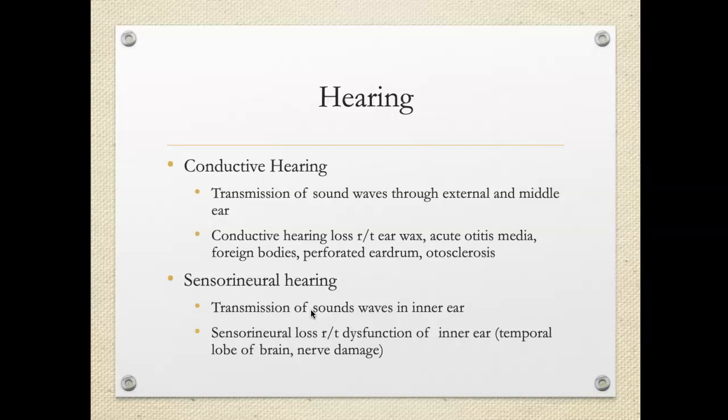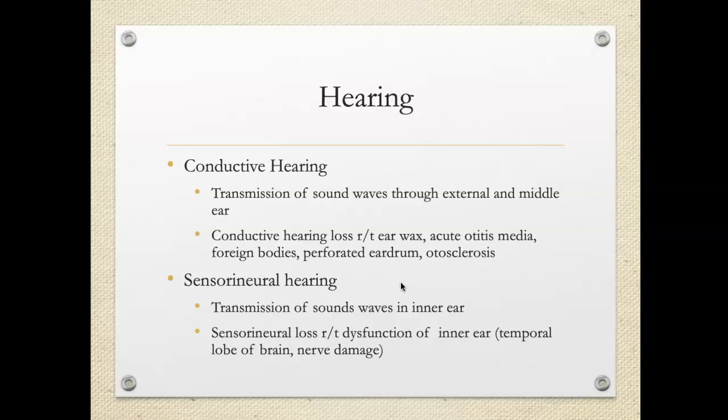Acute means new onset, or sudden, otitis is ear, and media is going to be a middle ear infection. Foreign bodies, perforated eardrum. Again, sometimes that eardrum may be perforated if there's a lot of history of infections, or if there's an infection in there and there gets to be a lot of pressure in there.